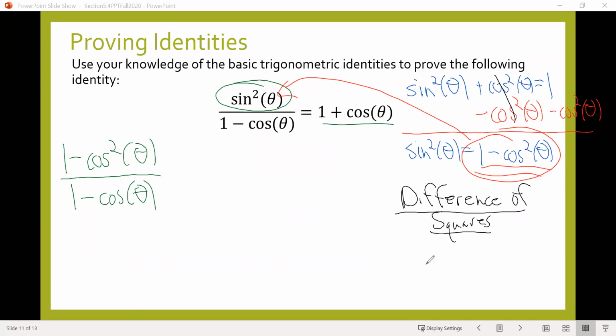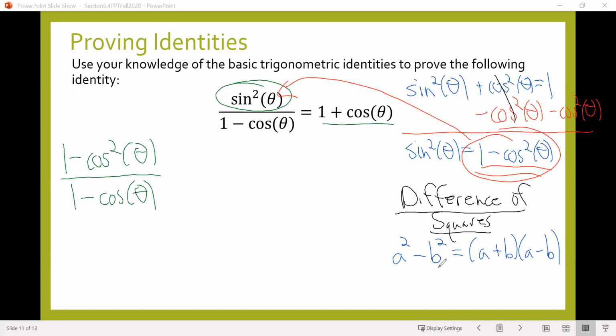The difference of squares tells us that if we have an expression of the form something squared minus something else squared, so a squared minus b squared is an example, that can be factored to give us a plus b times a minus b. So that will factor that way.